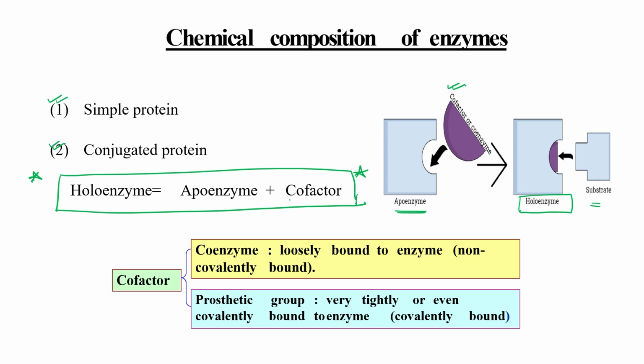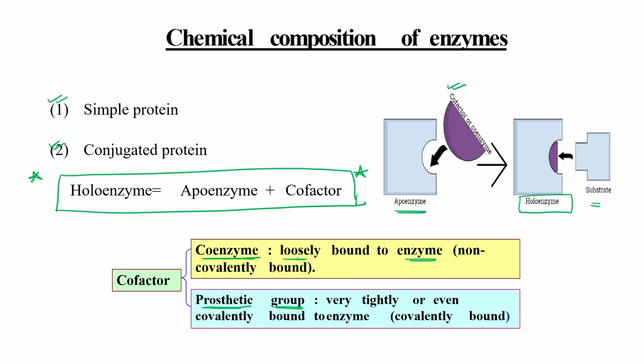Now this cofactor we can further divide into two different categories: if a coenzyme acts as a cofactor, or if a prosthetic group acts as a cofactor. If a coenzyme is there, it is loosely bound to the enzyme by non-covalent bonds, so it is a temporary arrangement.